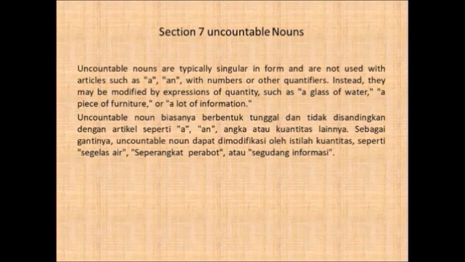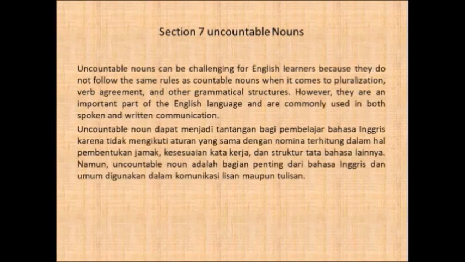Uncountable nouns are typically singular in form and are not used with articles such as a or an, with numbers, or other quantifiers. Instead, they may be modified by expressions of quantity, such as a glass of water, a piece of furniture, or a lot of information.